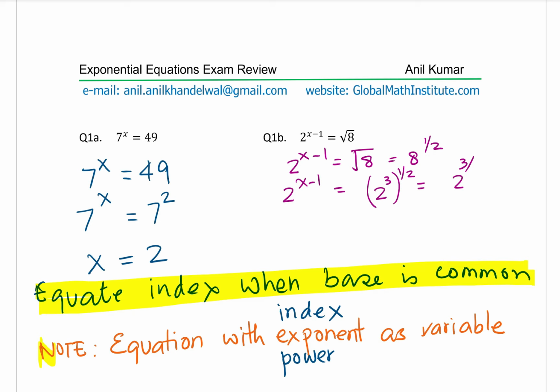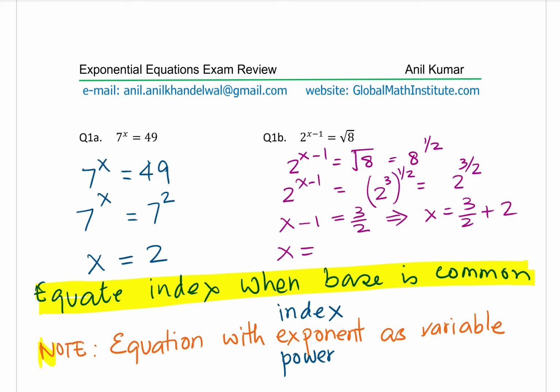So now how do we solve 2 to the power of 3 over 2 equals 2 to the power of x minus 1? We need to compute the exponent. So x minus 1 is now equal to 3 over 2, and that gives you that the value of x is 3 by 2 plus 1. And when you add that, what do you get?